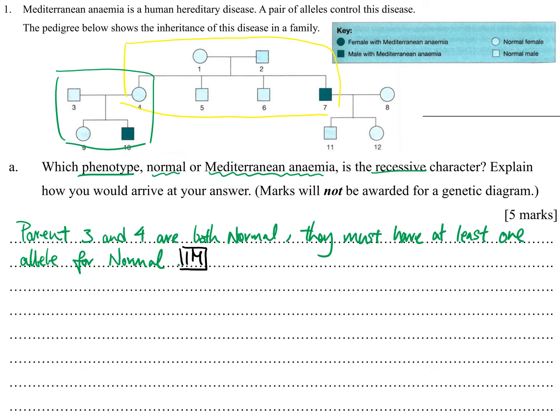And then, after looking at the parents 3 and 4, we can take a look at the offspring who looks totally different in phenotype than the parents. That is the offspring number 10. And then for individual 10, he has Mediterranean anemia.